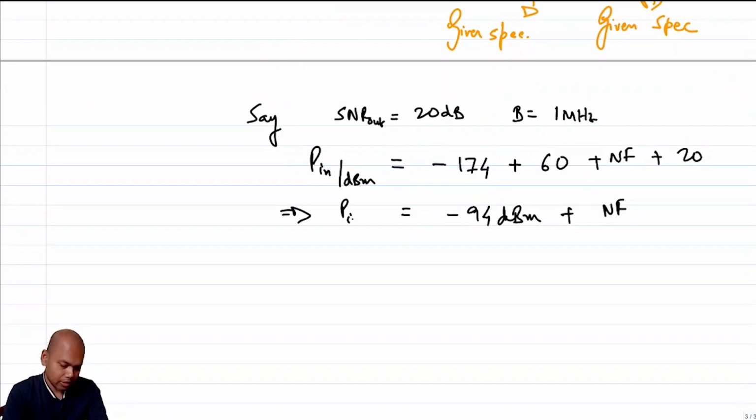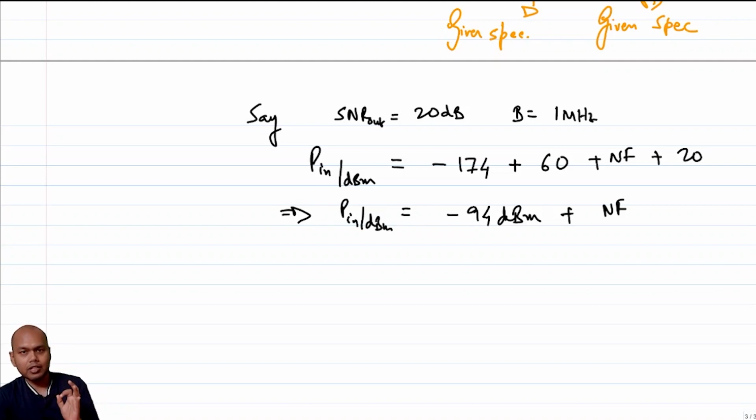And so what is this telling us? This is telling us that if you want an SNR out of 20 dB over a bandwidth of 1 megahertz, then your minimum sensitivity, or minimum amount of signal power that should arrive at the antenna, should be minus 94 dBm plus a noise figure. And the noise figure cannot go below 0 dB. Noise figure cannot be negative.